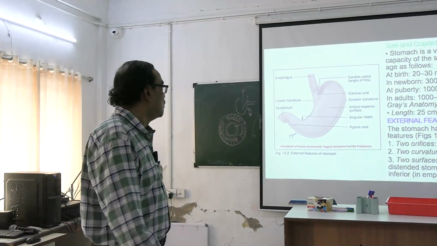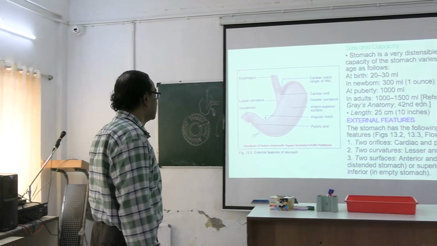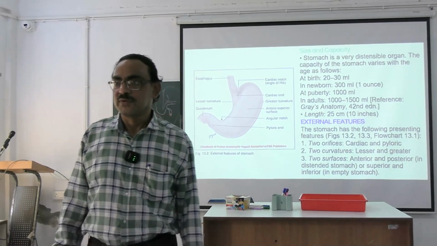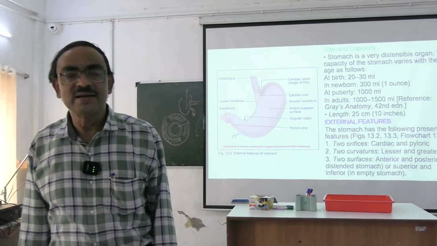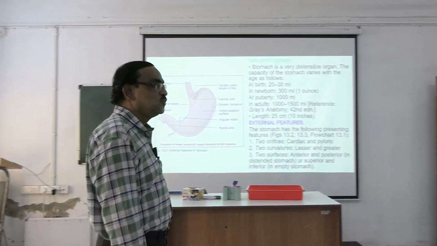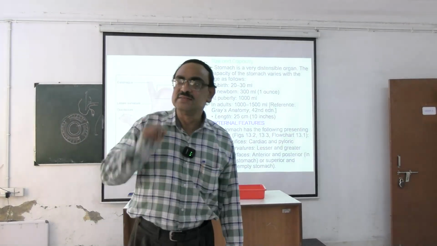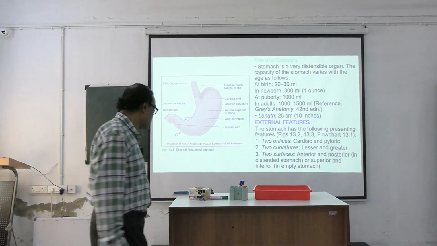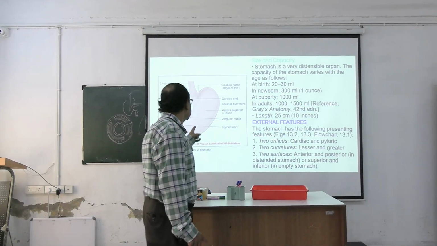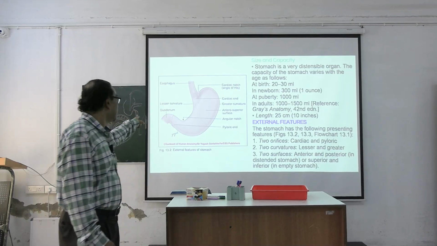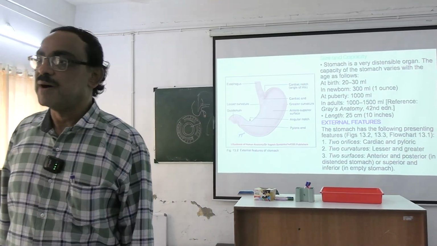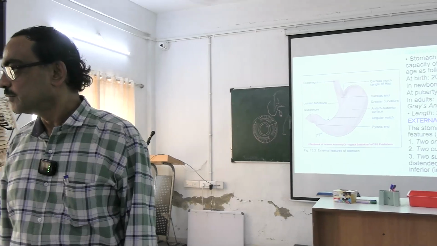Now, it obeys a rule of 2. That means it has got 2 ends. You can see one end is above, that is the cardiac end, and one end is below, that is the pyloric end.